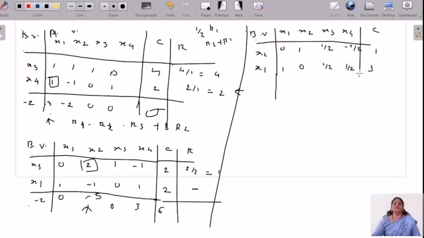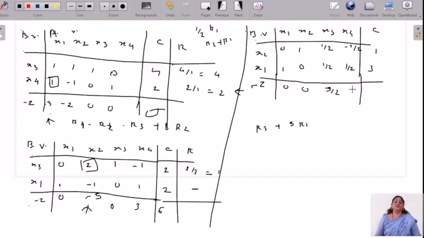Then next is minus z. Multiply the element by 5 and add. Therefore the operation is R3 plus 5 times R1. 5 times 0 is 0, 0. 5 times 1 by 2 is 5 by 2.